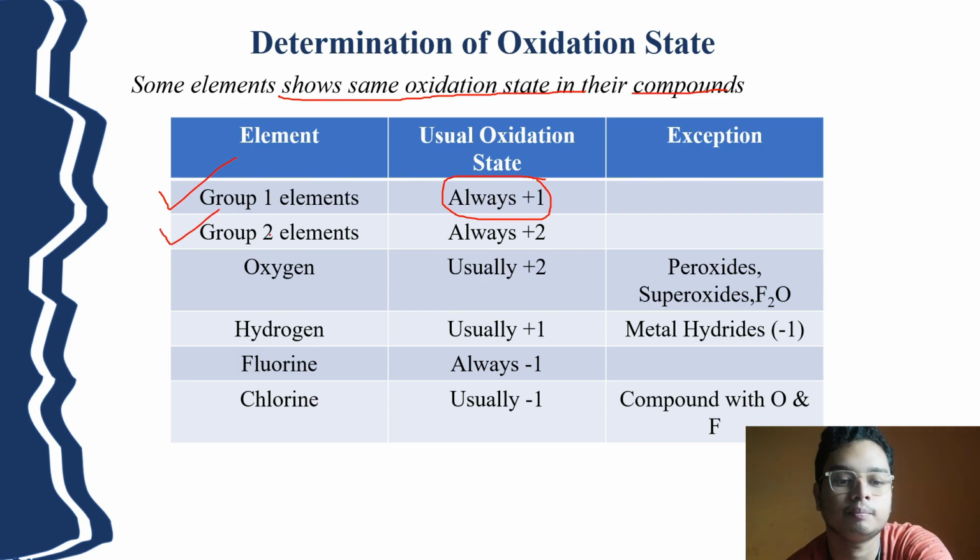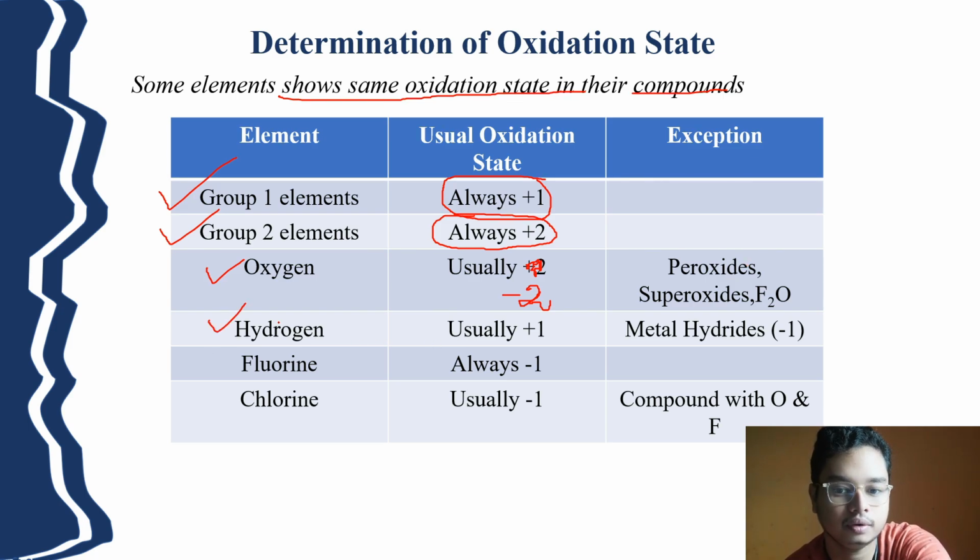Similarly, a group 2 element will always show +2 oxidation state. Oxygen usually shows -2, not +2, but in the case of peroxide, superoxide and F2O, it shows different oxidation states.